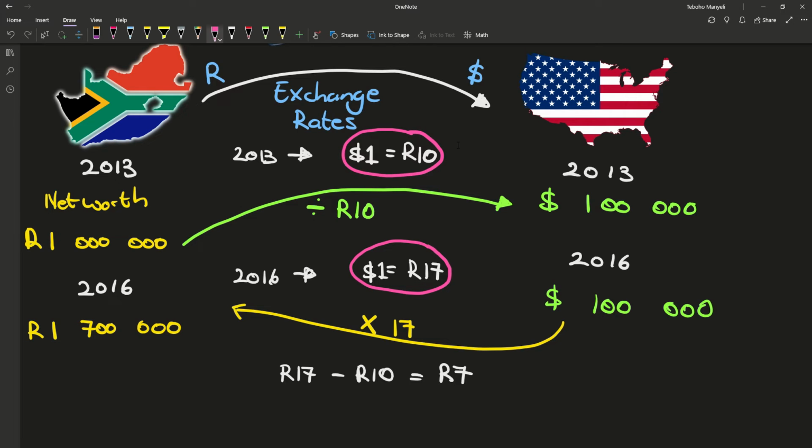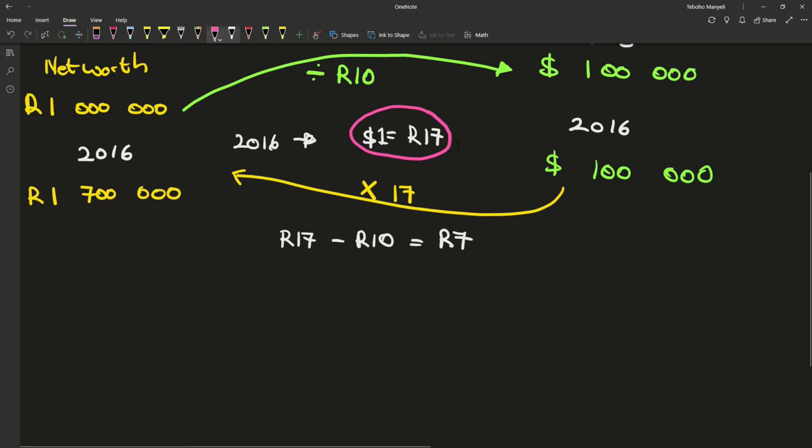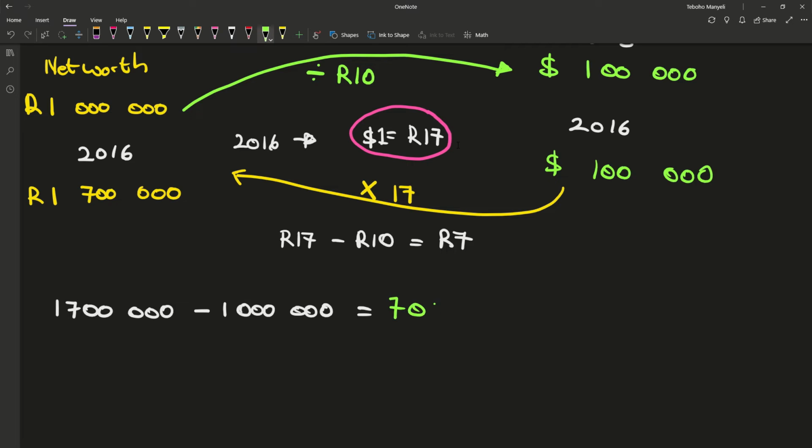Alright, so let's look at the money. You have 1.7 million. You subtract that from the original million you had 3 years ago. That gives you a total gain of 700,000 rands.